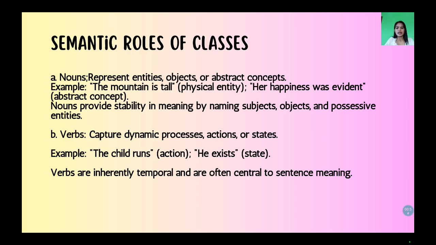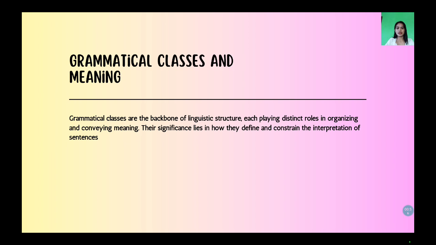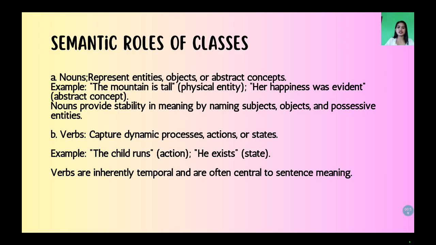Now, in grammatical classes and meaning, we're going to discuss first the semantic rules of classes. First is nouns. Nouns represent entities, objects, or abstract concepts. For example, the mountain is tall. It's a physical entity.